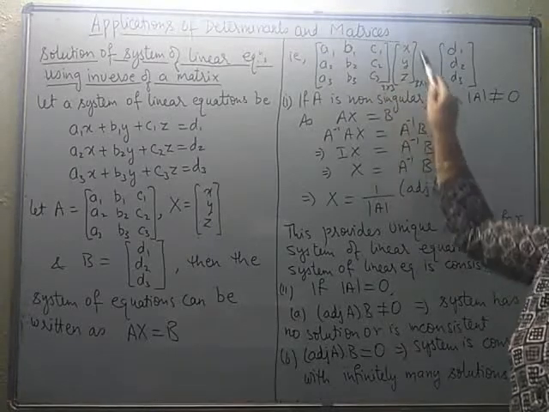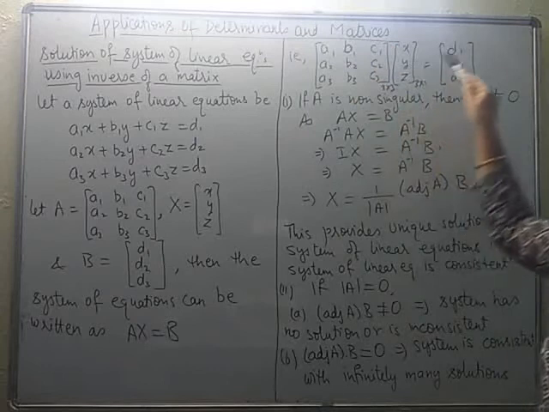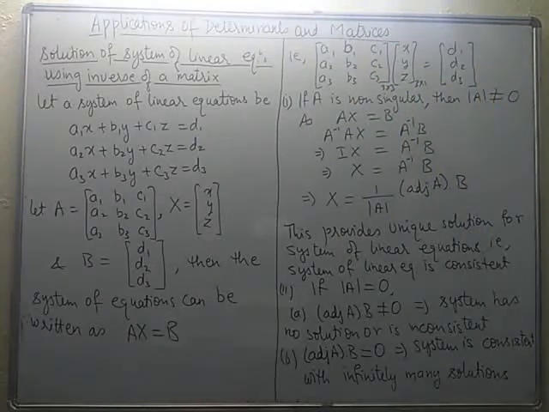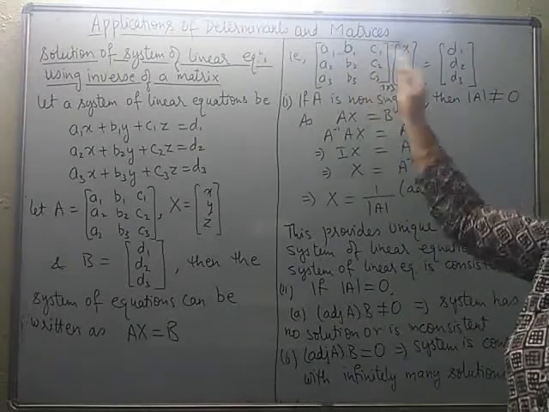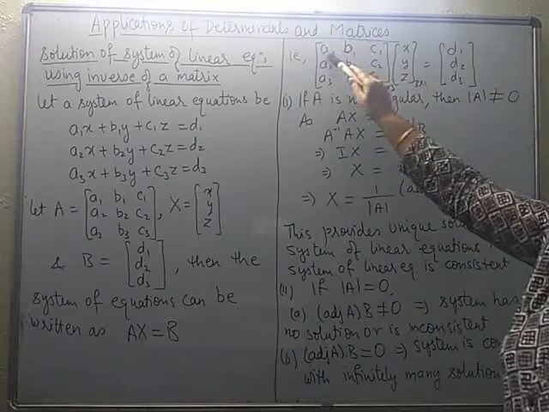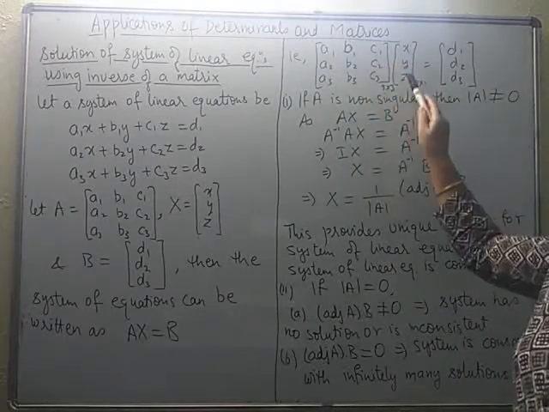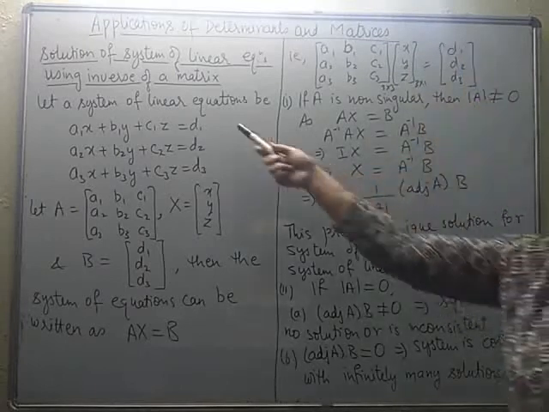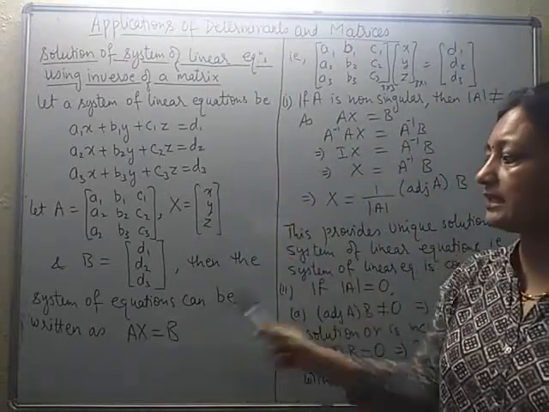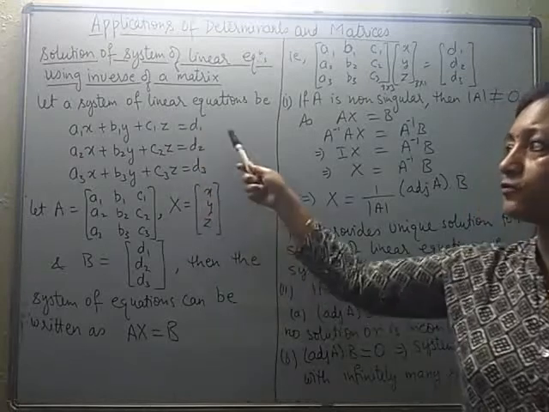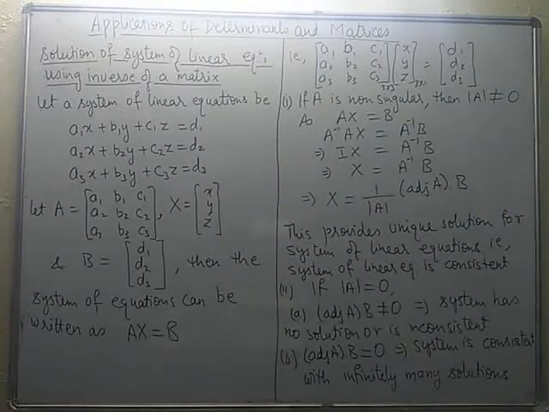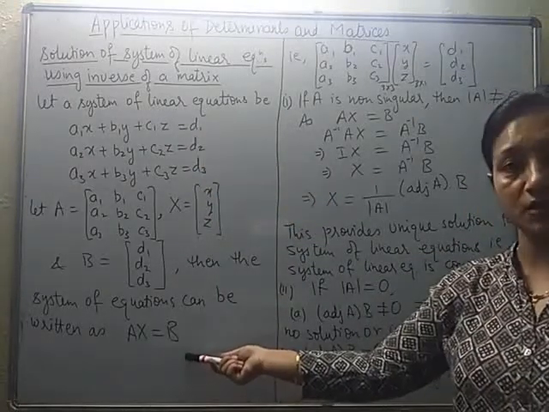So the first element of the product will be equal to D1. We saw when we go through the multiplication, the first element comes out to be a1x plus b1y plus c1z, and it will be equal to D1. So we can certainly say that the system of linear equations given to us can be written in this form.